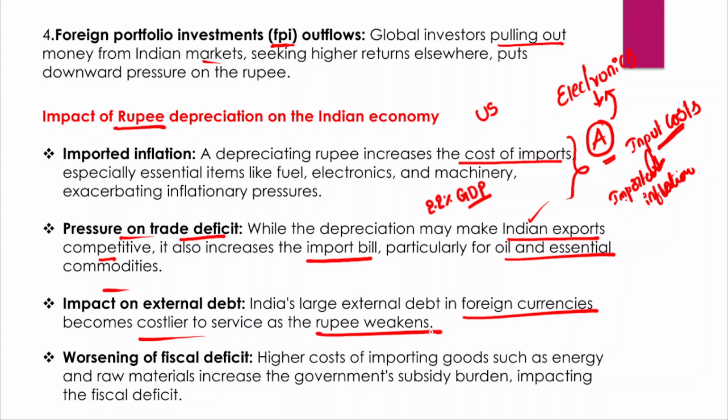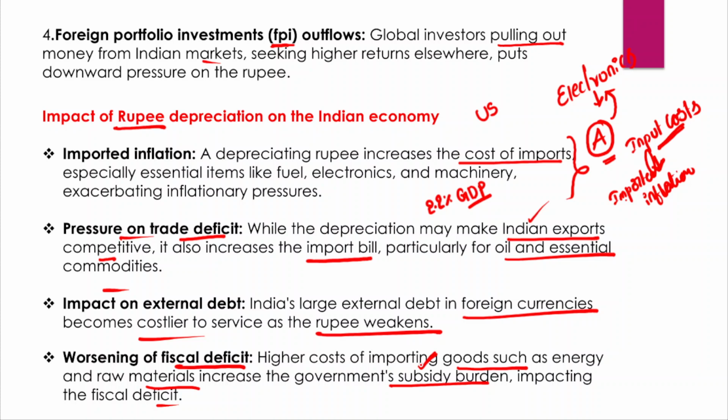And secondly, worsening of the fiscal deficit is also another major problem with rupee depreciation, right? So how will it further worsen the fiscal deficit? Because a higher cost of importing goods such as energy and raw materials could increase the government's subsidy burden, and it would also impact the fiscal deficit, because the government has also been providing subsidy for the importers in certain components, right?